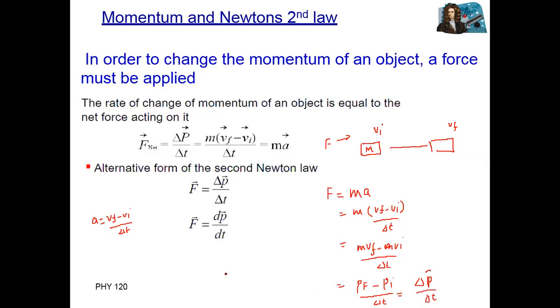So Newton's second law in terms of momentum: the net force on a body is equal to the rate of change of momentum. That is the proof of rate of change of momentum.